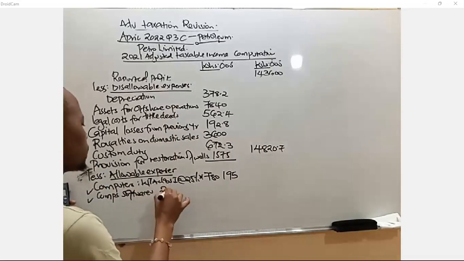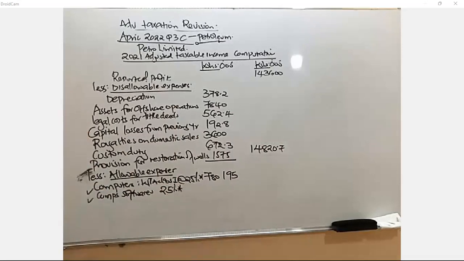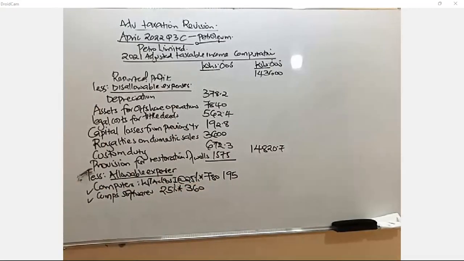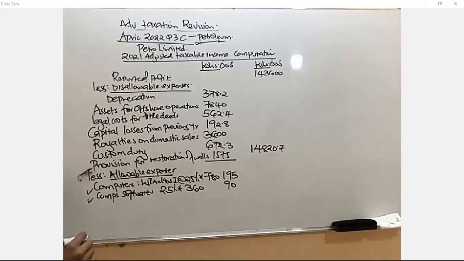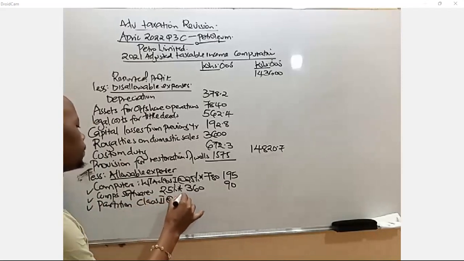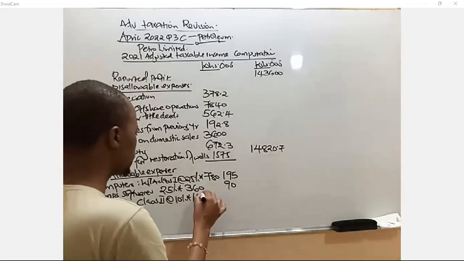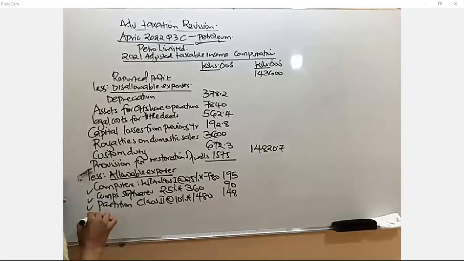The same rate, 25% of 360. So 0.25 times 360, we are getting 90. Then from there, we have the partition, which normally qualifies for class 2 at the rate of 10%. 10% of 1480 translates to 148.